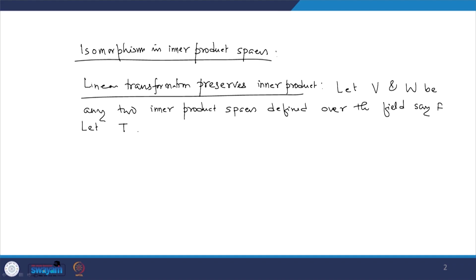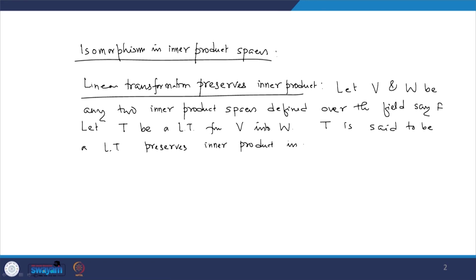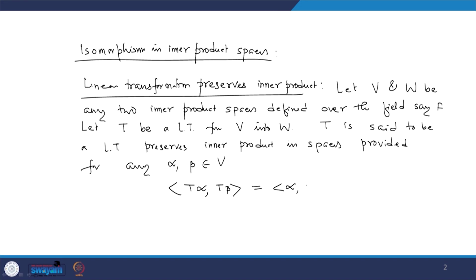Let T be a linear transformation from V into W. T is said to be a linear transformation that preserves inner product in spaces provided for any alpha and beta belonging to V, inner product of T alpha and T beta must be equal to inner product of alpha and beta.